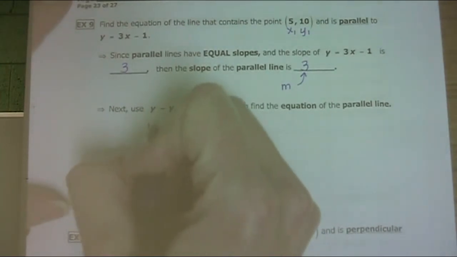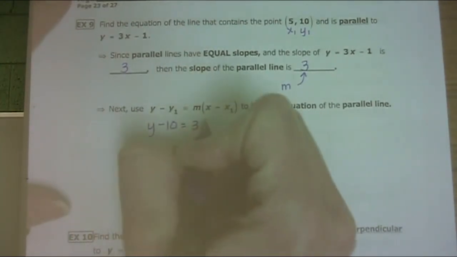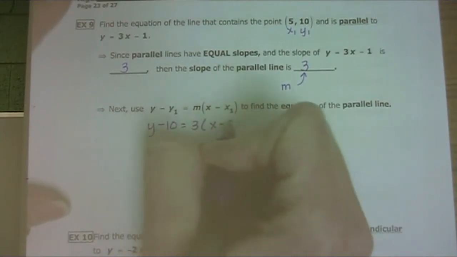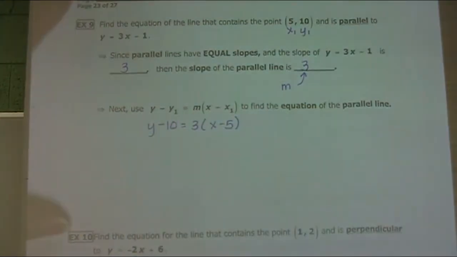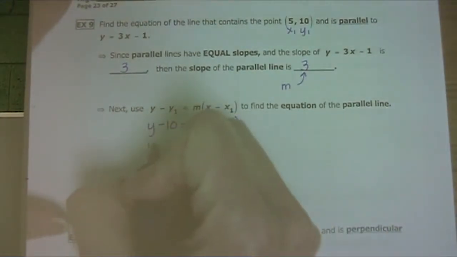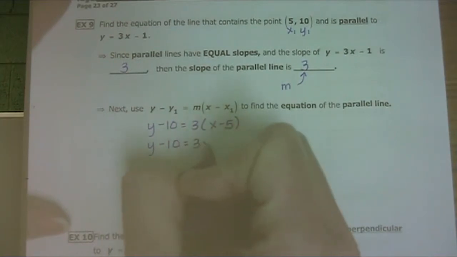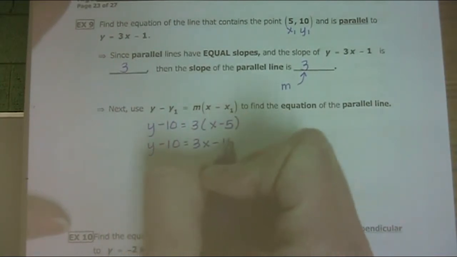So I've got y minus 10 equals 3 times x minus 5. And I'm going to go ahead and distribute my 3. So I have y minus 10 equals 3x minus 15.